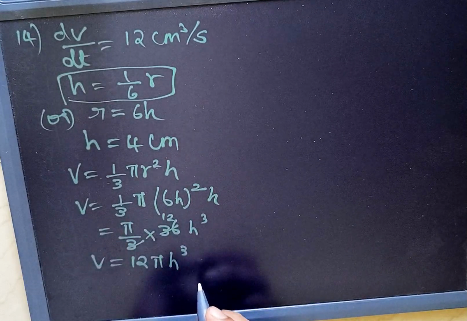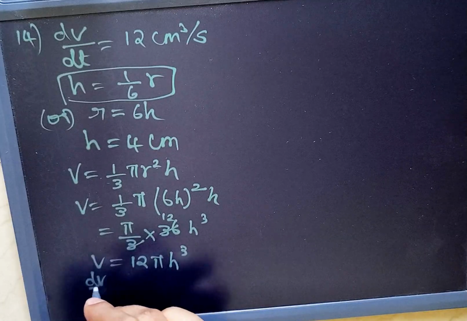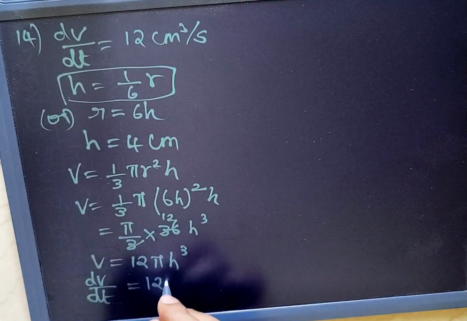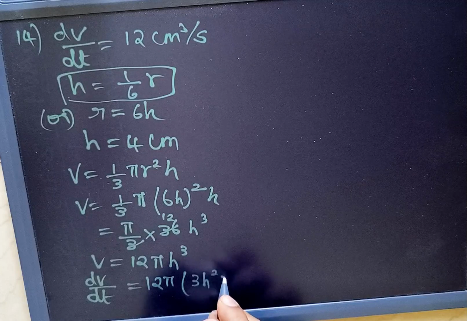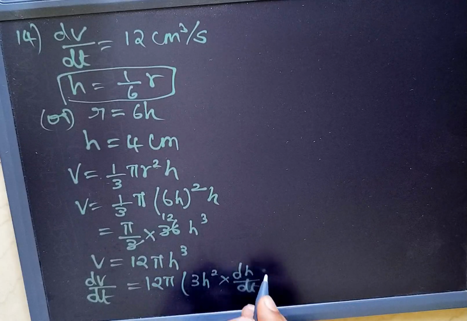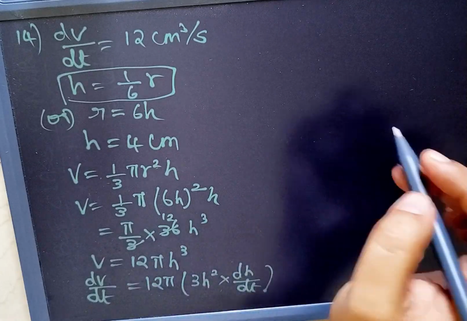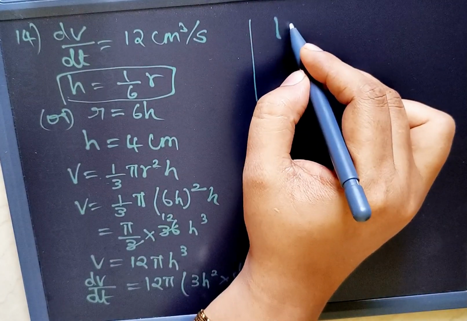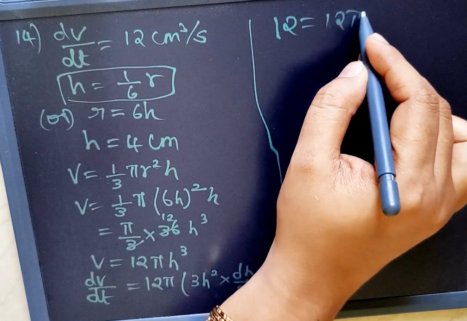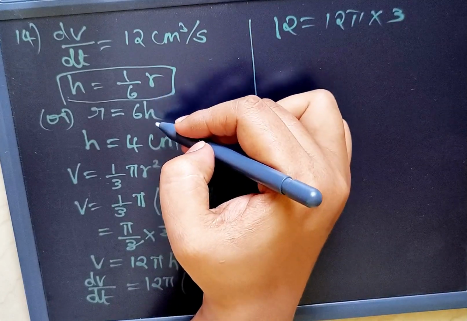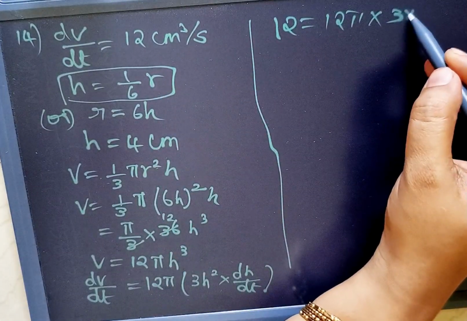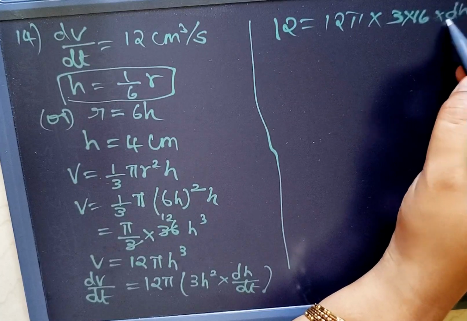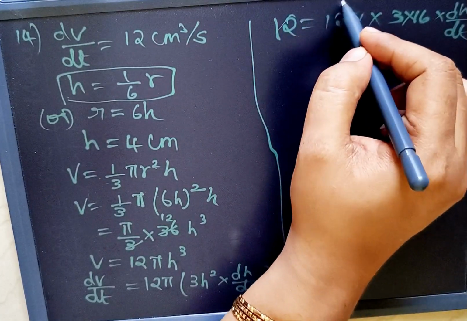Now, differentiating both sides with respect to t. So we get dV/dt equals 12π constant, h³ gives 3h² into dh/dt. Now substituting the values, dV/dt is given as 12, equal to 12π into 3, h is given as 4 centimeters, square is 16, into dh/dt. 12 and 12 get cancelled.